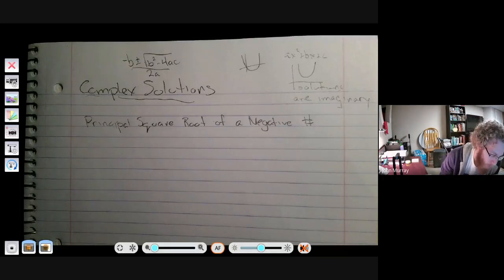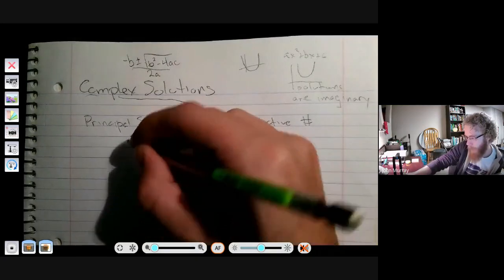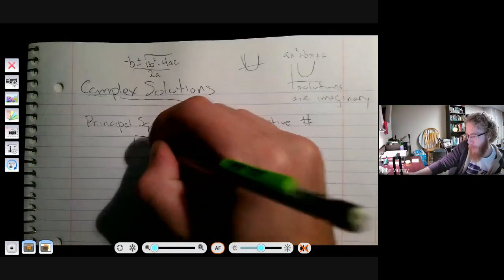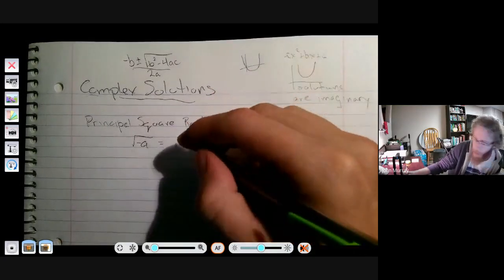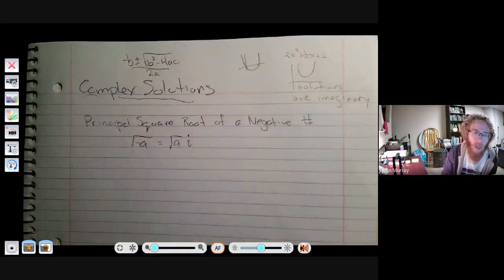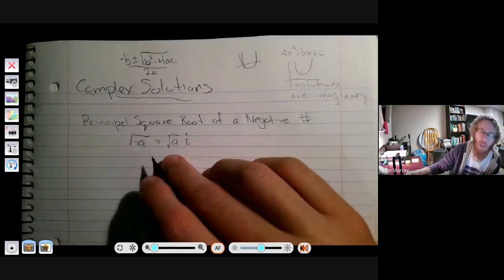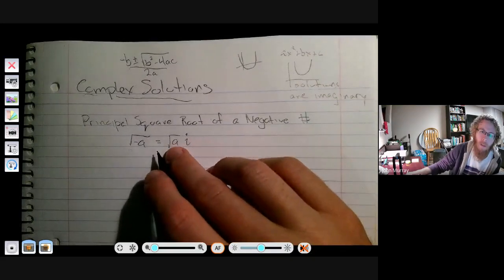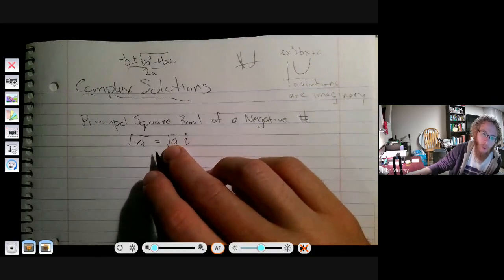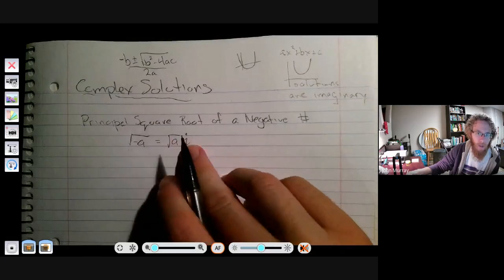So the principal square root of a negative number tells us that if we take the square root of some negative number a, we can rewrite that as the square root of a times i. Usually that's how it goes, with the real number part first, followed by the imaginary i.